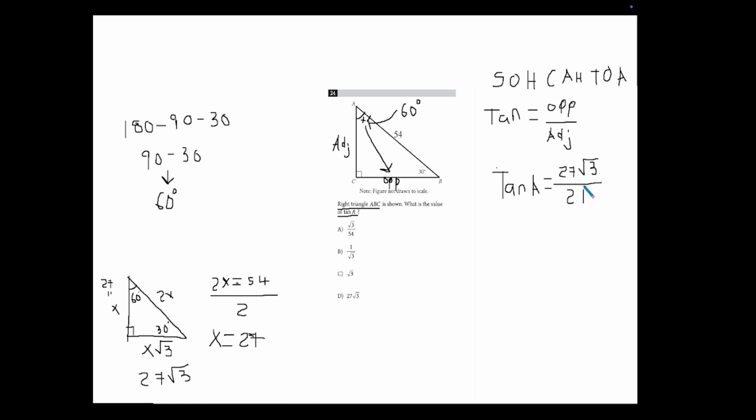And now we just have to simplify and cancel our 27. So we have tan A is equal to root 3. Therefore, our answer is C.